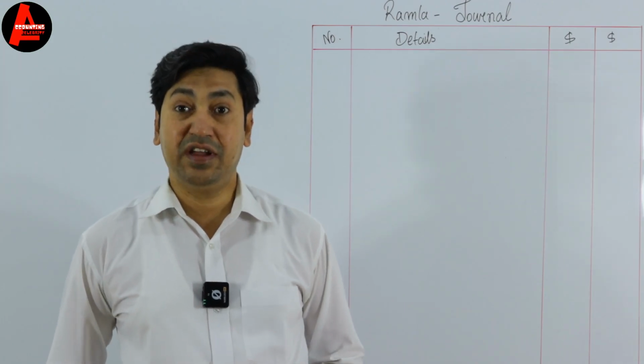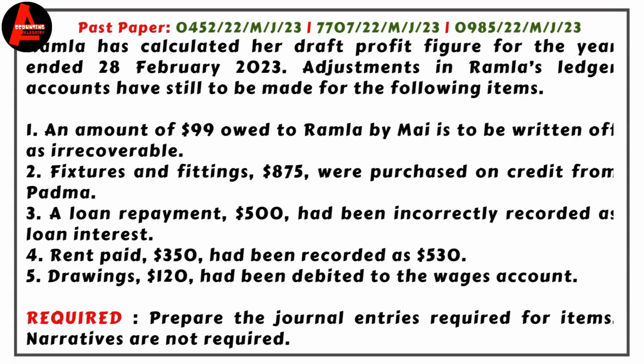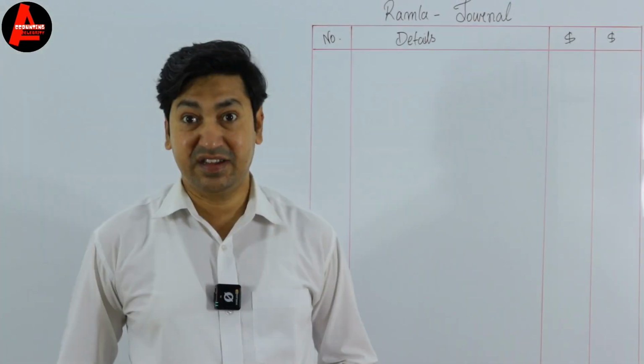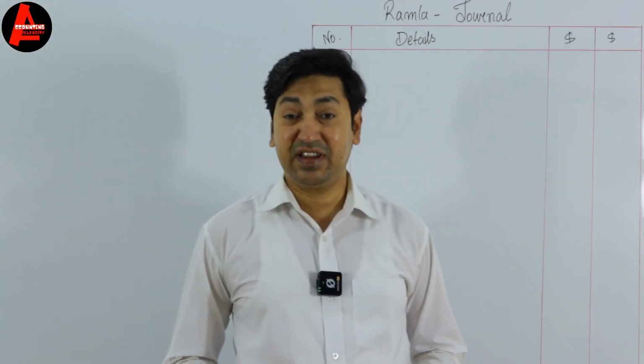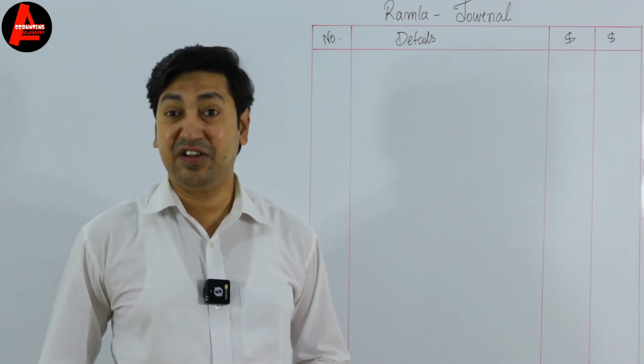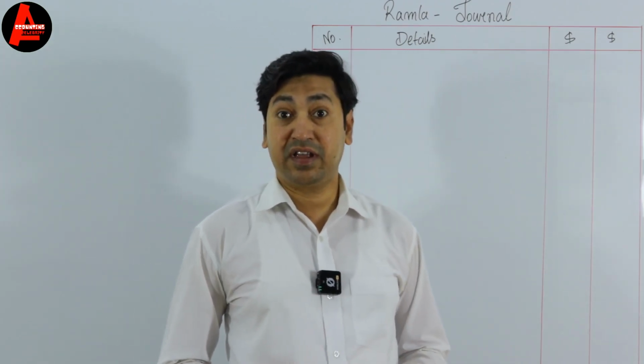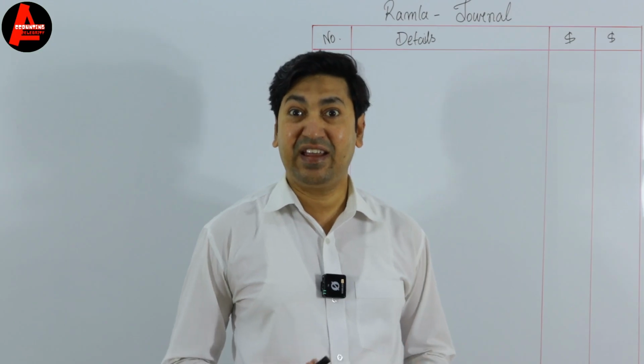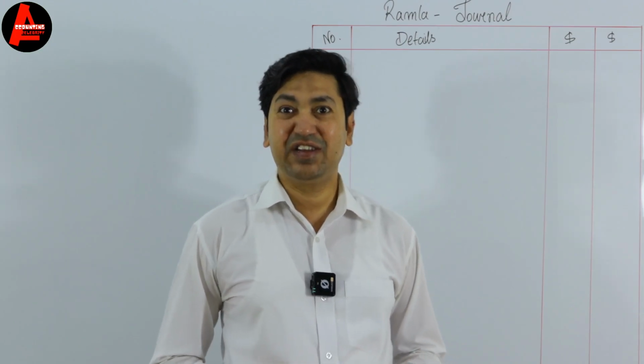Here our first transaction is an amount of $99 owed to Ramla by Maya is to be written off as irrecoverable. Irrecoverable means bad debts. It is an expense, right? So expense is always debit. So irrecoverable debts account to be debited, and Maya's account to be credited.